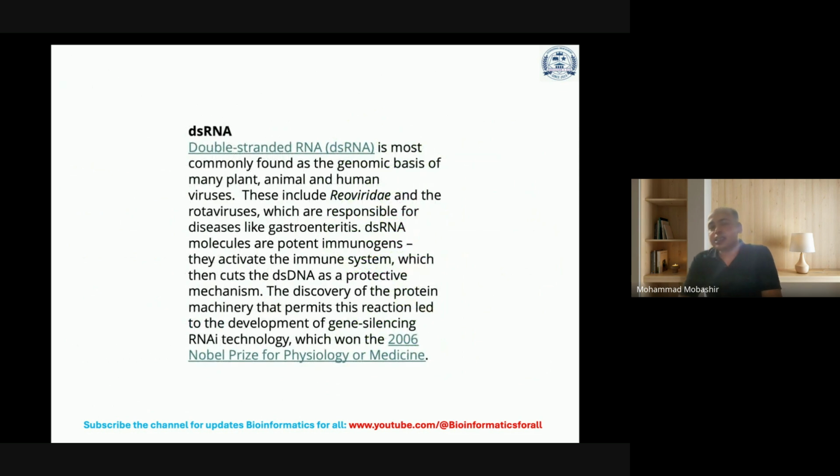Then there is another form, dsRNA, double-stranded RNA. This is about the RNA form. Double-stranded RNA, dsRNA, is most commonly found as the genomic basis of many plant, animal, and human viruses.